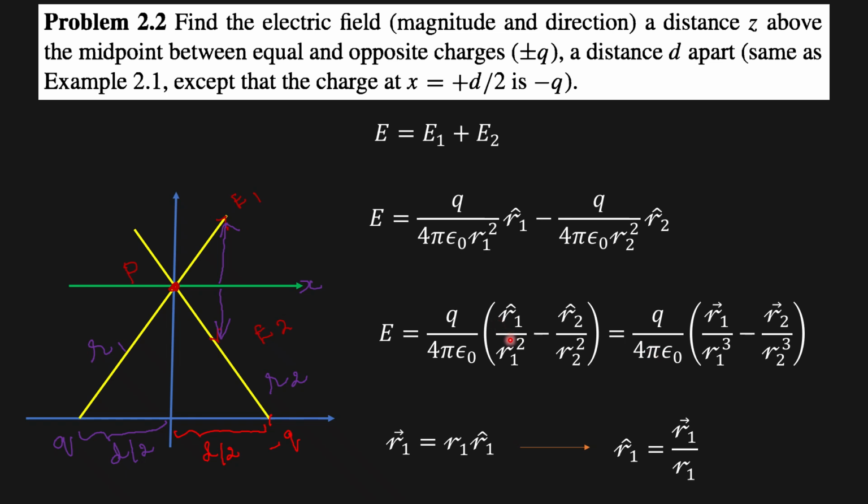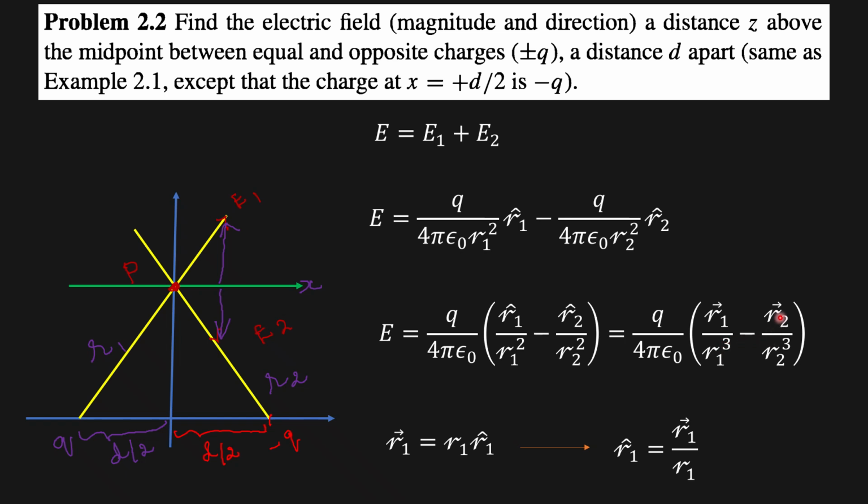So you can see this can be replaced by script r1 vector, which indicates the direction, not the unit vector. Over here already you have script r1 squared, here you have one script r1, so this will become script r1 cubed.